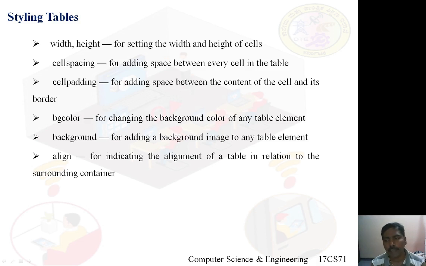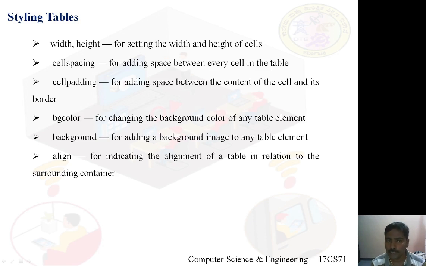Now what is cell padding? Cell padding specifies the space or gap between the content and the border of the cell. It means cell padding is a gap within the cell, between the contents and the cell border. Got it?